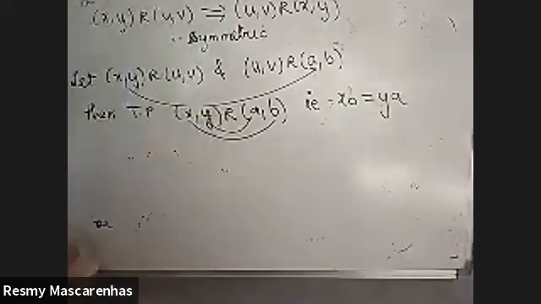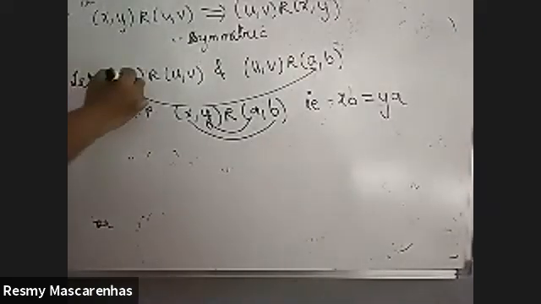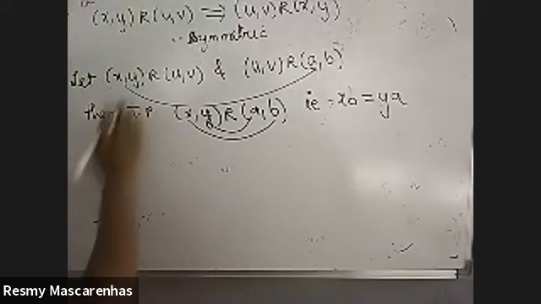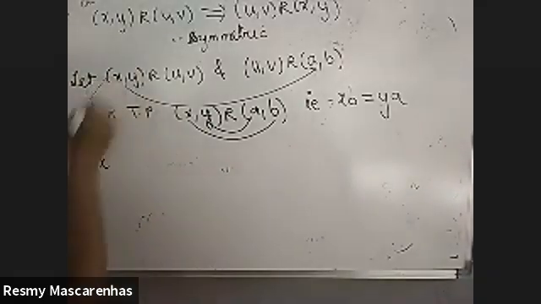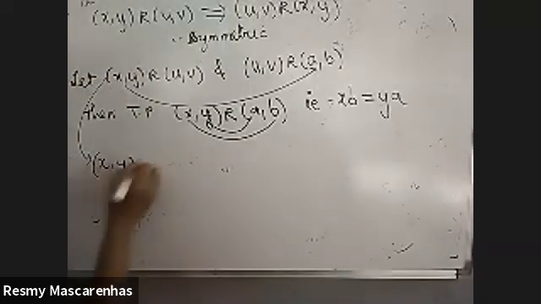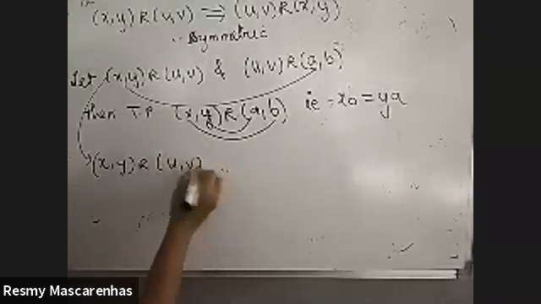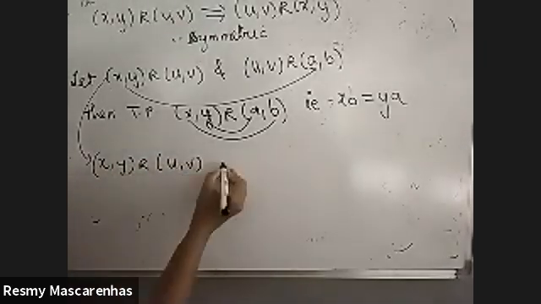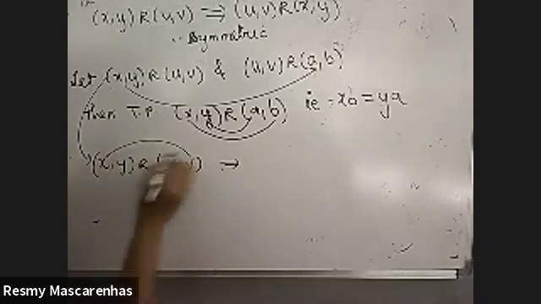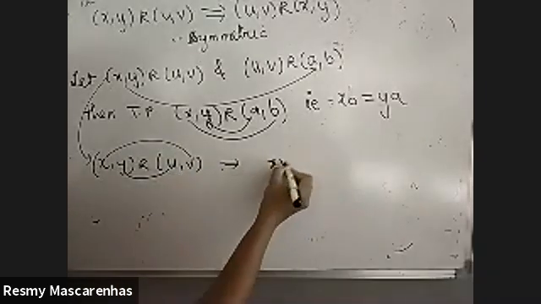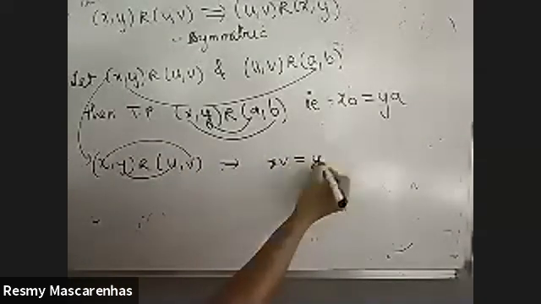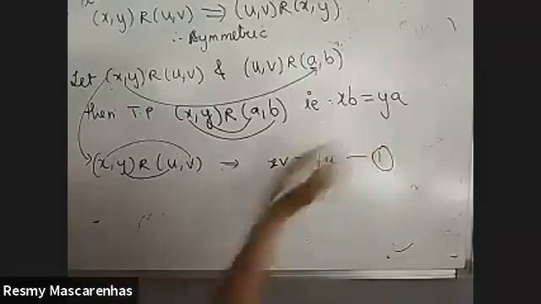So now to prove this, take the first relation. So what was the first relation? (x, y) related to (u, v). Now from here what you will get? This, no? So xv is equal to yu. So this is your equation 1.